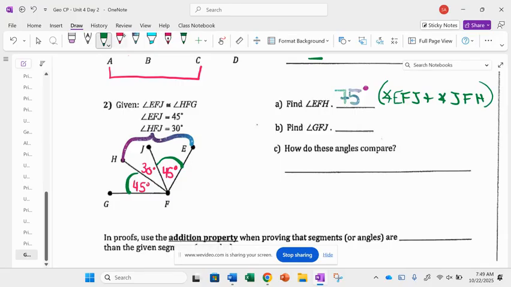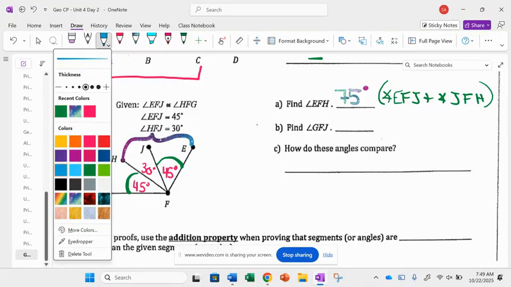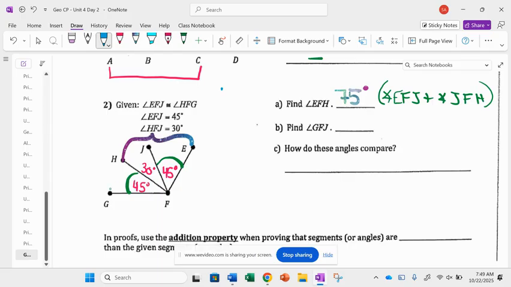So let's look. Angle GFJ is this angle here that I have in blue. It is also 45 plus 30, which is 75. And the two angles we added for that are angle GFH plus angle JFH.